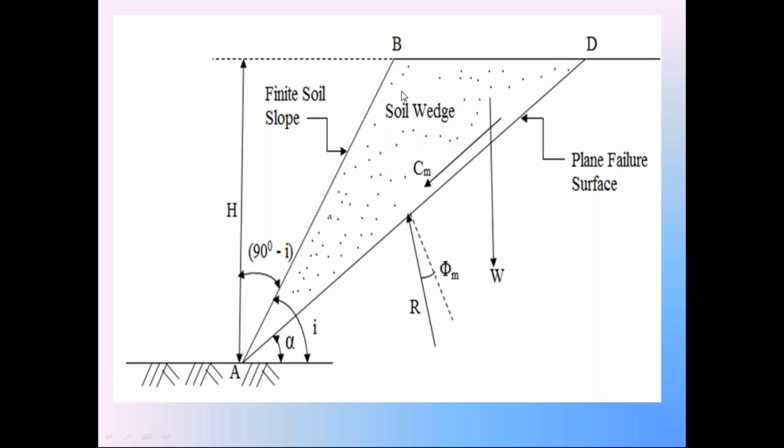Now coming to this diagram, at the time of failure, the soil wedge ABD is moving in the downward direction away from the remaining portion of the structure.